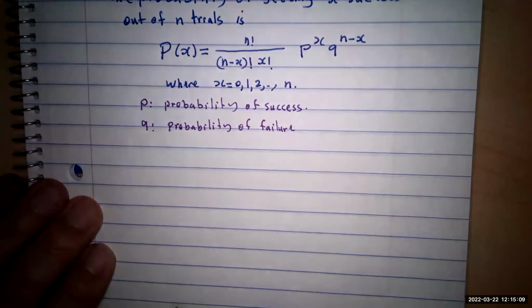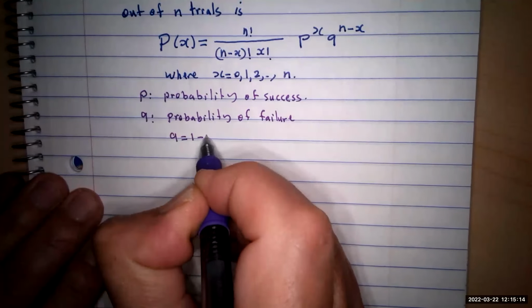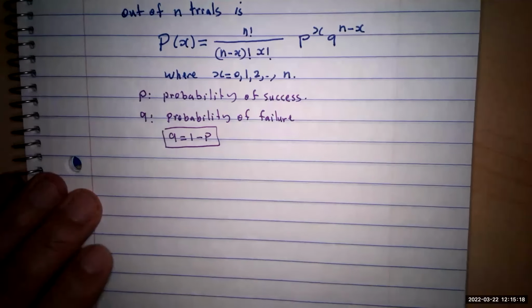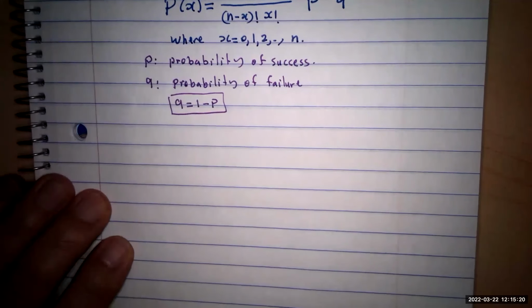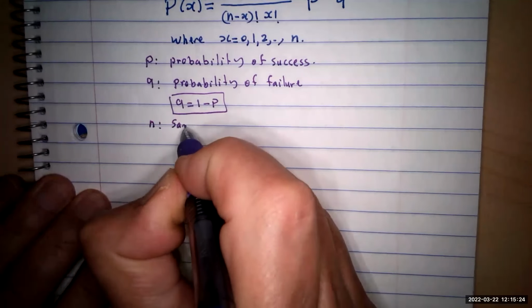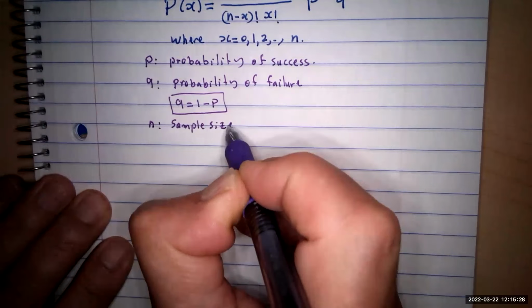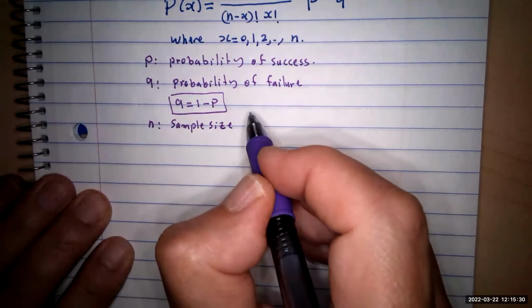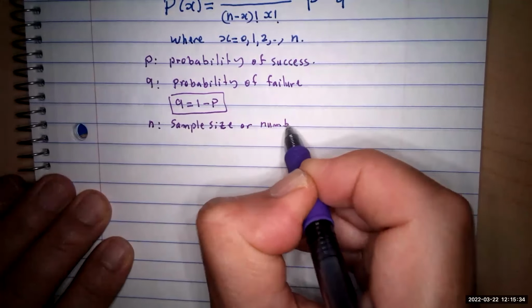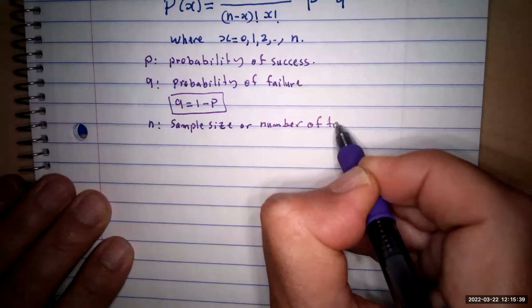That would be given. You must note that Q is equal to 1 minus P, so P would be given, and to use the formula you get the Q. N is the sample size, or the number of trials. Either one would be fine.